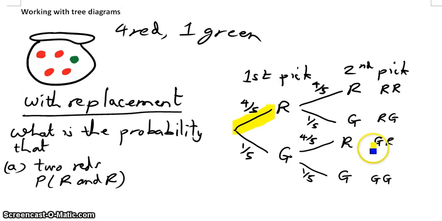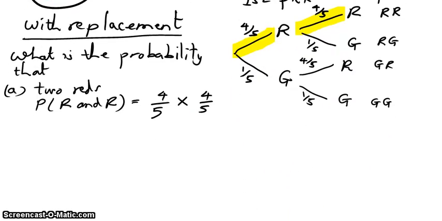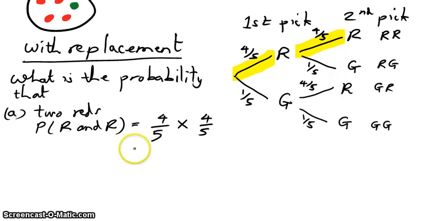Alright, so our first pick has to be red and our second pick has to be red. Okay, so the first pick is 4 out of 5. We've already discussed the word and being multiply, and the second pick is also 4 out of 5. So the chances of me getting 2 reds is 4 times 4, 16, over 5 times 5, 25. Okay, 2 reds.